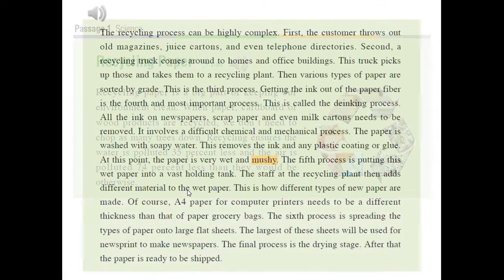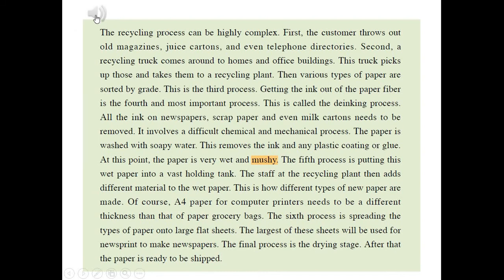The recycling process can be highly complex. First, the customer throws out old magazines, juice cartons, and even telephone directories. Second, a recycling truck comes around to homes and office buildings. This truck picks up those and takes them to a recycling plant.